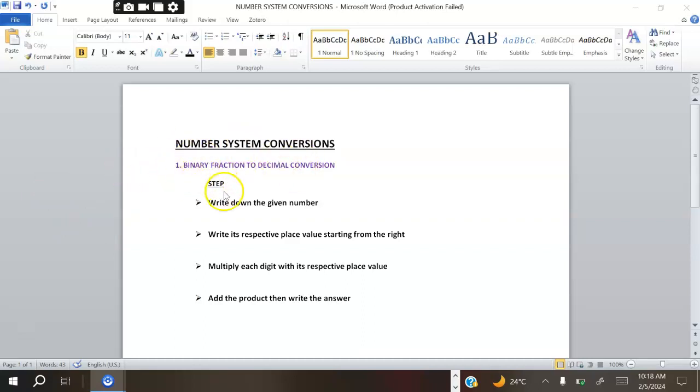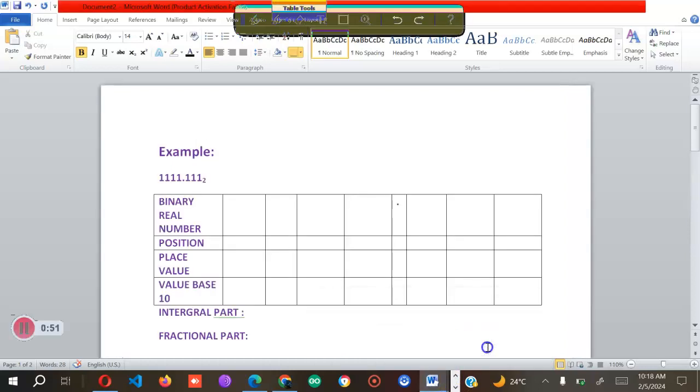And remember, a binary has two digits, that is 0 and 1, while the decimal has digits from 0 all the way to 9. So these are the steps: step number 1, you write down the number, you write the respective place, you multiply, and lastly you add. Let's dive directly into the examples that we have.